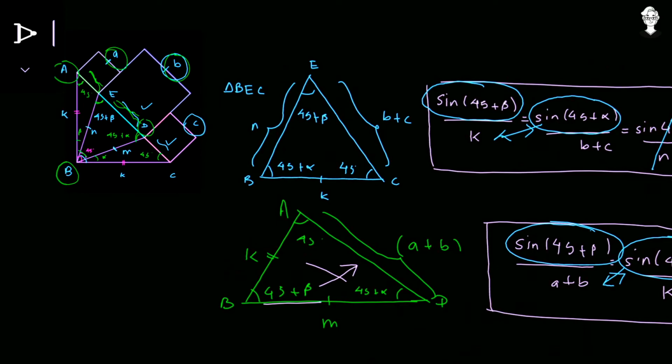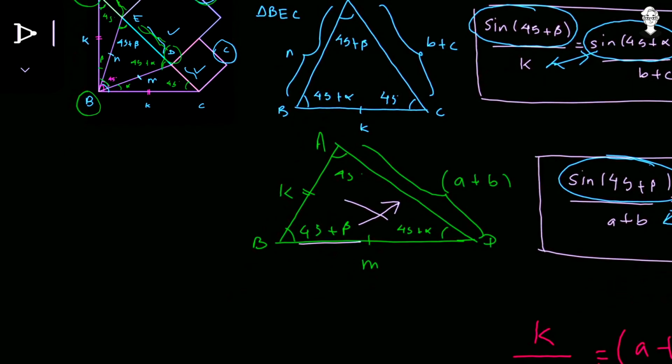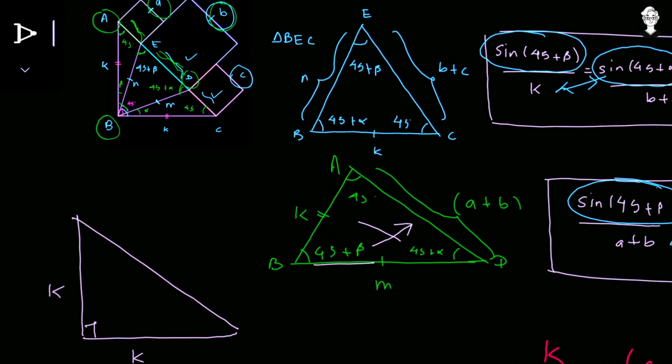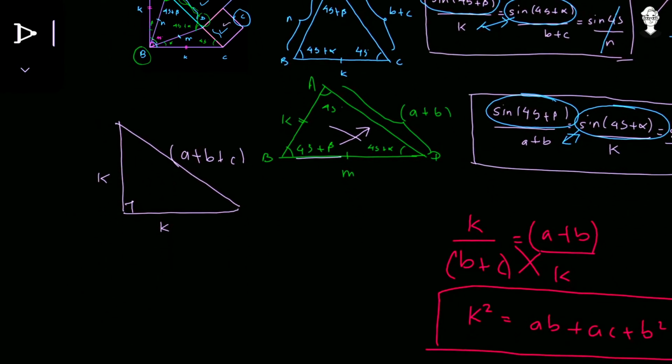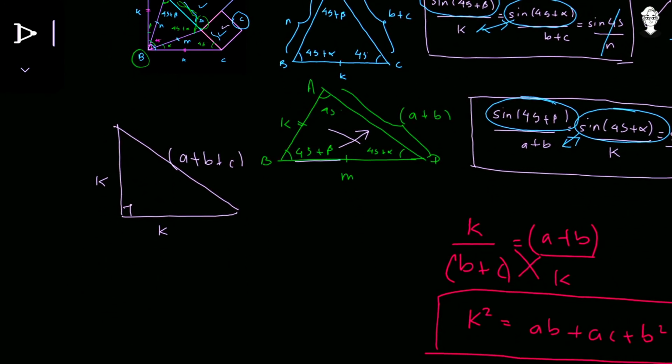That angle B is completely 90 degrees. So let us utilize that. This is a right angle triangle, the sides are k and k. The hypotenuse's complete length will be the side length of the first, second and third, so its complete length becomes a plus b plus c. If there is a right angle triangle, the only thing we can do is the mightiest theorem, the Pythagoras theorem.